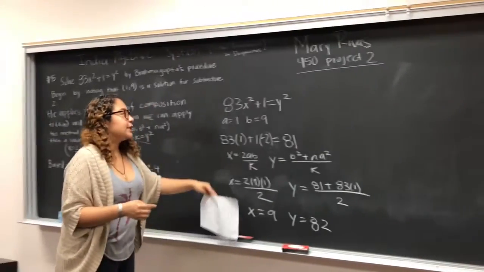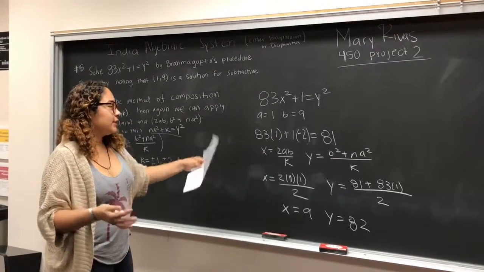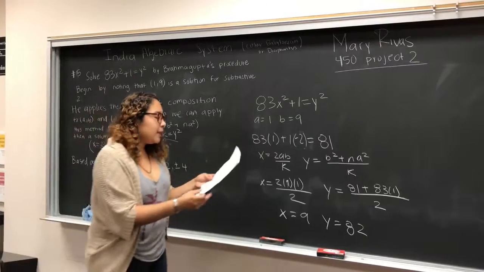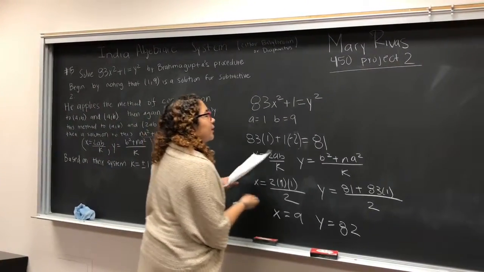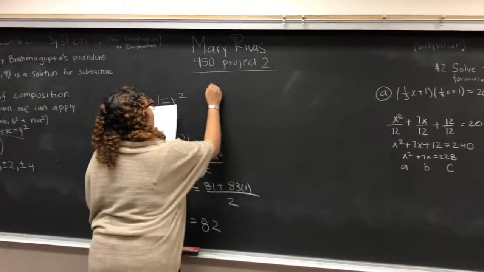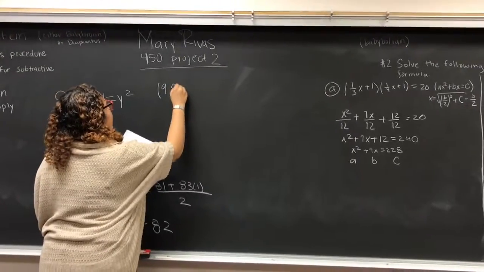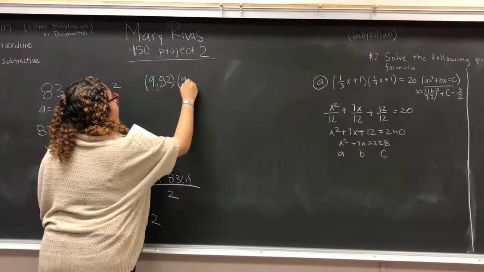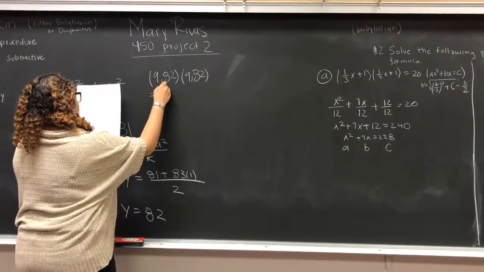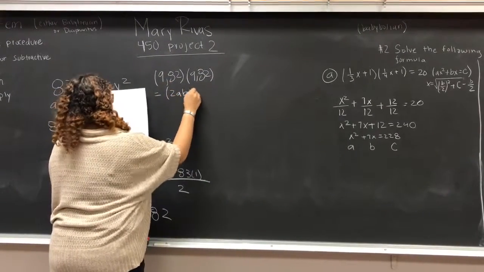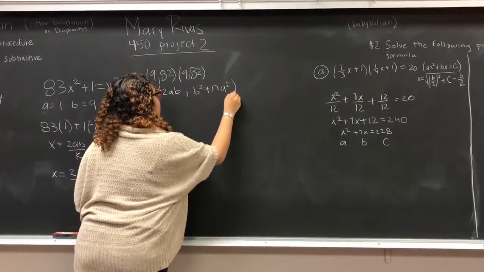So we found one solution to this equation, and we can find more solutions by using the method of composition. To show that, we will say the next solution is equal to the composition of (9, 82), which is equal to 2ab, b squared plus na squared.